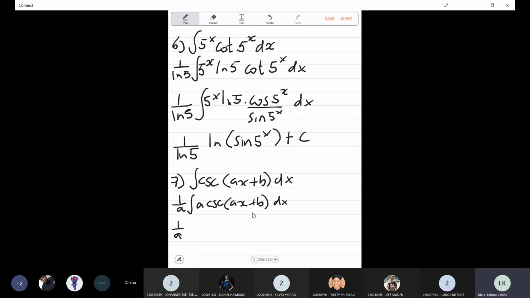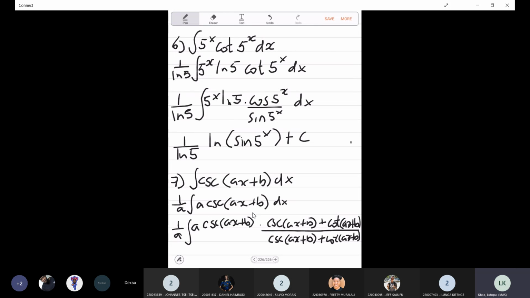So this is 1 over a integral of a cosec of ax plus b multiplied by cosec ax plus b plus cot ax plus b over cosec ax plus b plus cot ax plus b.